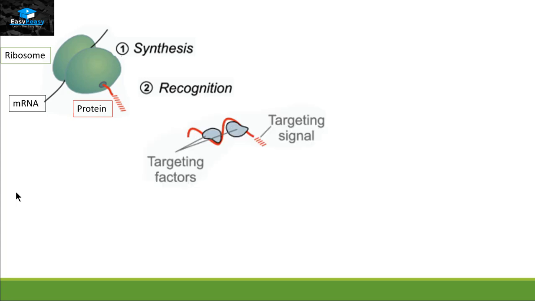The first step is the synthesis of that protein. For that, we need a ribosome, messenger RNA, and protein. This red color shows that the protein is coming out of this translational machinery. The second step is recognition: recognition of targeting signals by targeting factors. If this protein needs to target mitochondria, the targeting signal is called the mitochondrial import sequence.